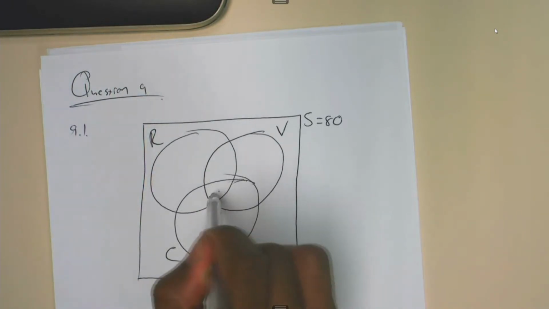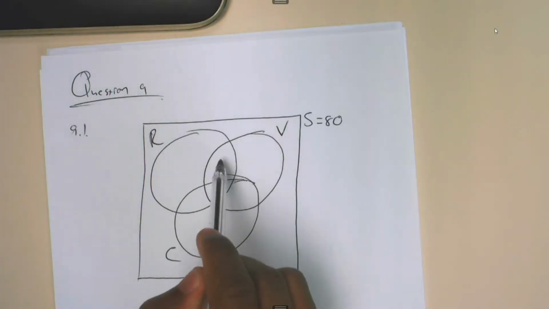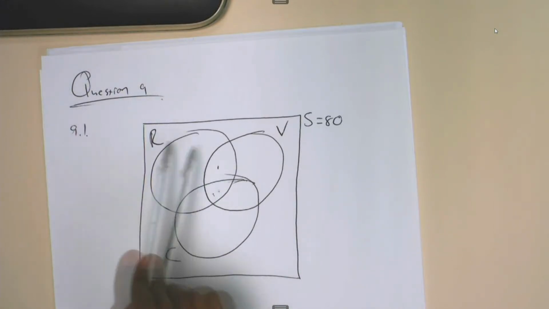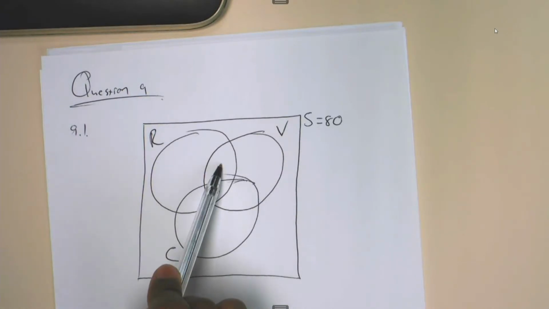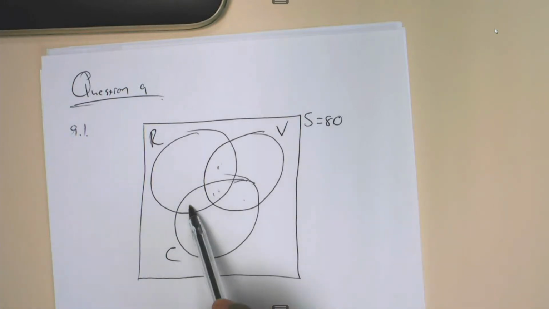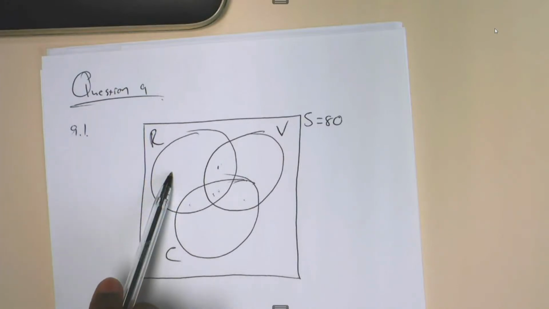Remember, this is the intersection of all 3 events. Where I'm pointing right now on the screen is the intersection of rugby and volleyball only. And this is the intersection of cricket and volleyball only. And this is the intersection of rugby and cricket. Where I'm pointing here is rugby only.